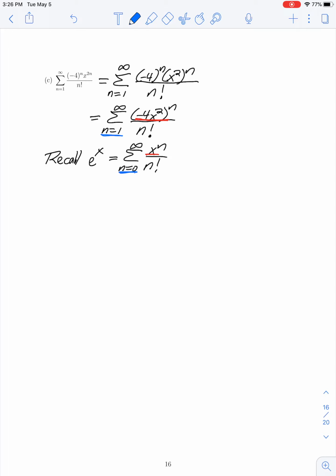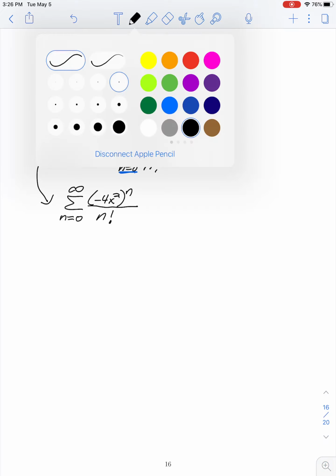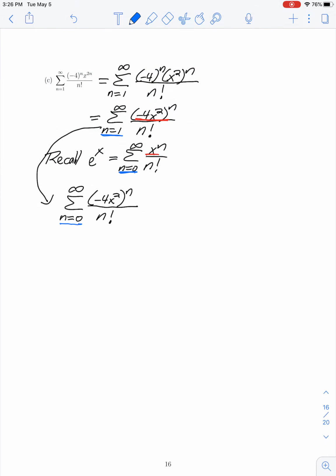So if we want to make use of the Maclaurin series for e to the x, we need to rewrite this series so that its initial term corresponds to 0. So if we were to force this to start at n equals 0, let's see how that would change our series. By including the 0 term, I would have included one extra term in my summation.